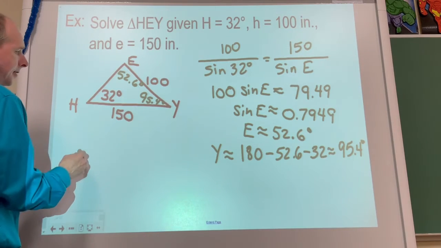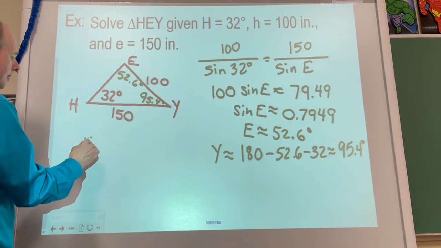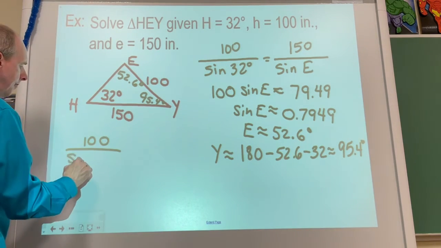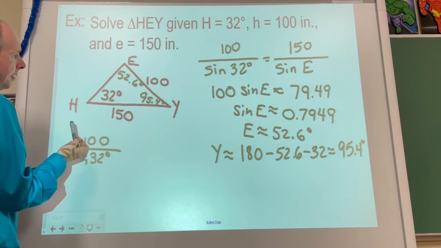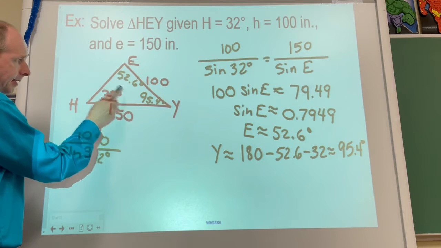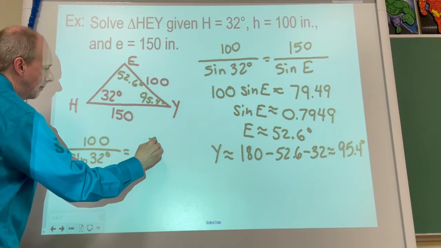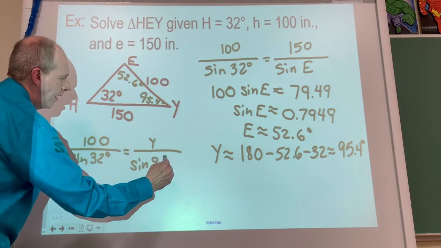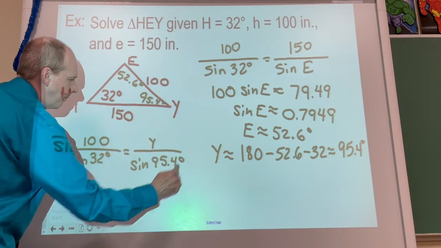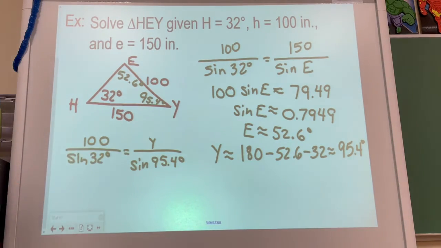So I'm going to go 100 over sine of 32. Right? This side, this angle. This side, this angle. Little y over sine of 95.4 degrees. Cross multiply, and let's see what we come up with.